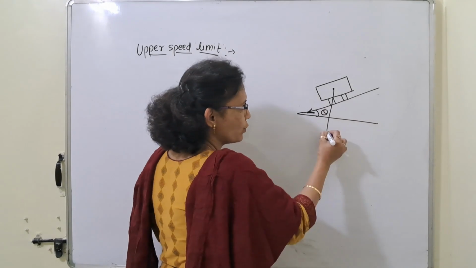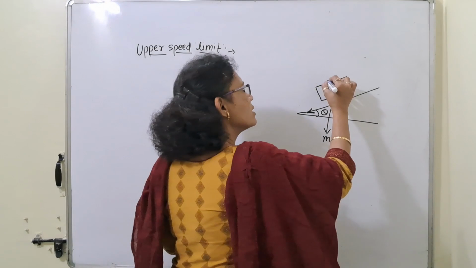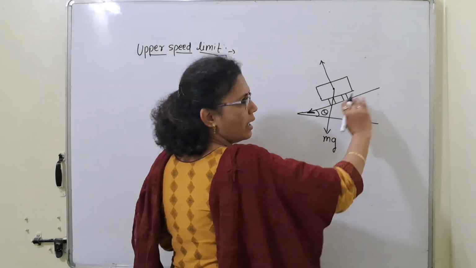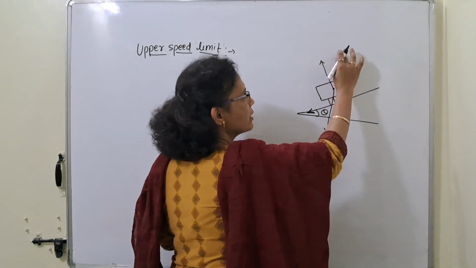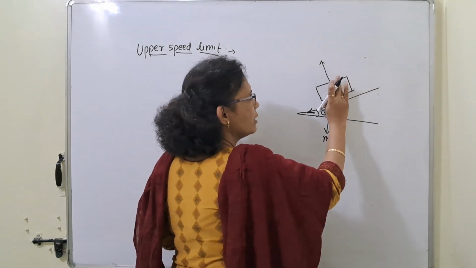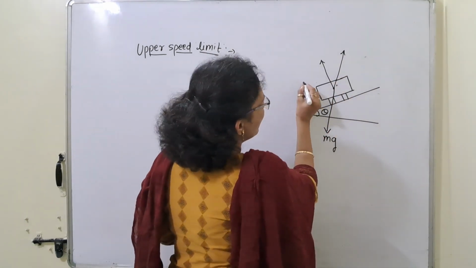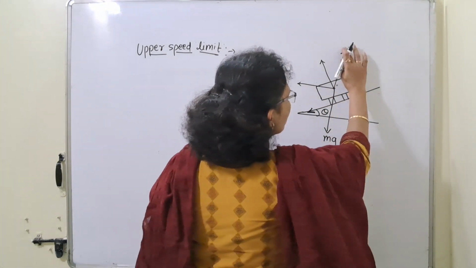So, this is the weight force mg acting in the downward direction. This normal force is perpendicular to the inclined road. Here again we are going to consider the components of the normal force. This is the horizontal component and this is the vertical component.